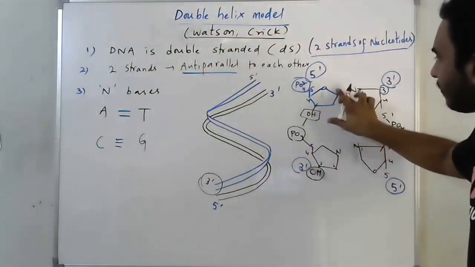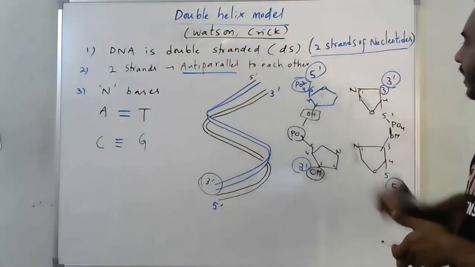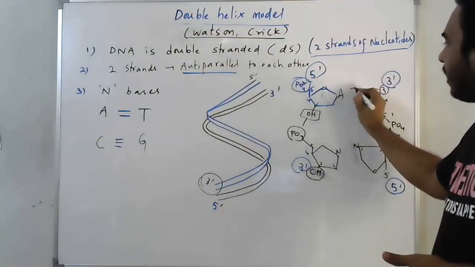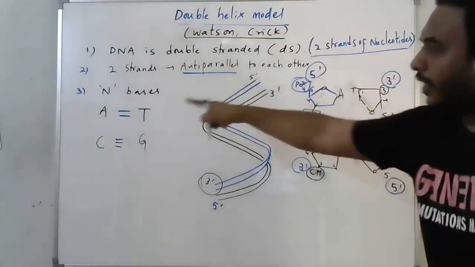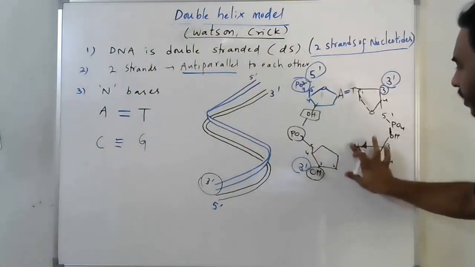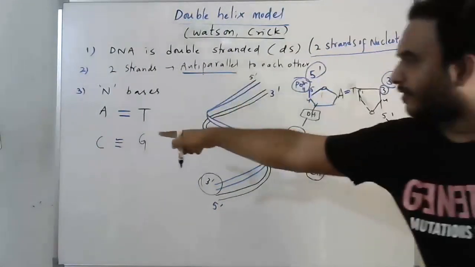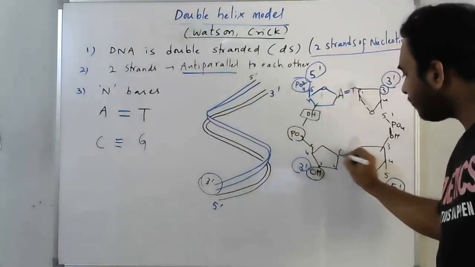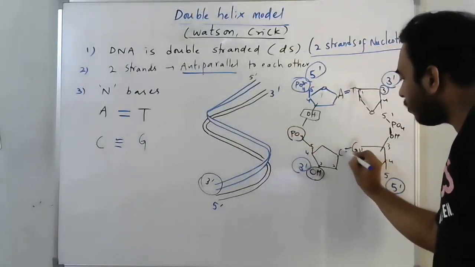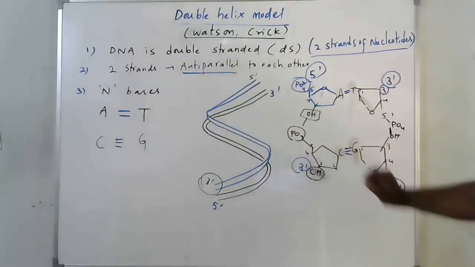Let's say this nitrogenous base is adenine and this one is thymine. And how many hydrogen bonds will be there? 2 hydrogen bonds. And here the nitrogenous bases are cytosine and guanine, with 3 hydrogen bonds.